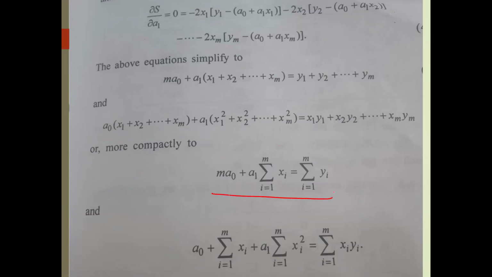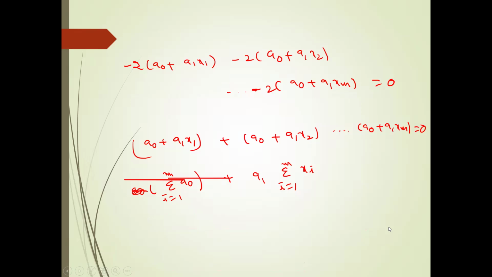So this is the first equation, and this is the second equation: a naught into sigma i equal to 1 to m xi plus a1 into sigma i equal to 1 to m xi square is equal to sigma i equal to 1 to m xi yi. These two equations are called normal equations. So to fit a straight line, what are the normal equations?